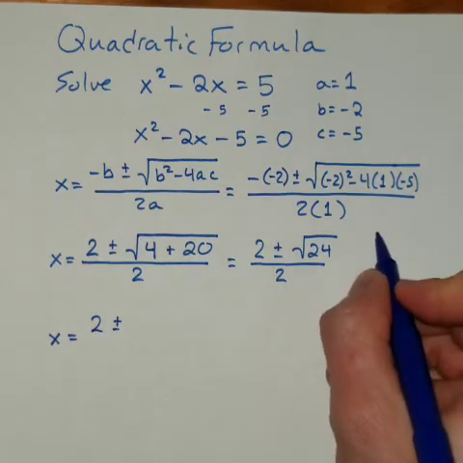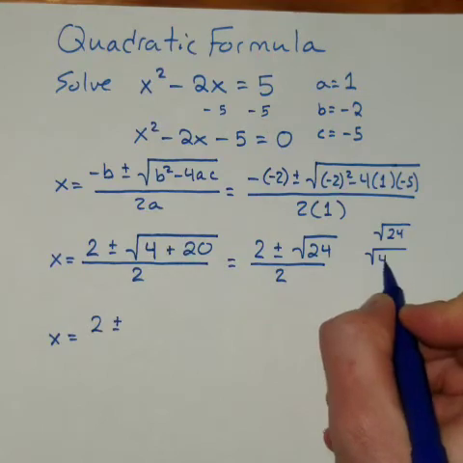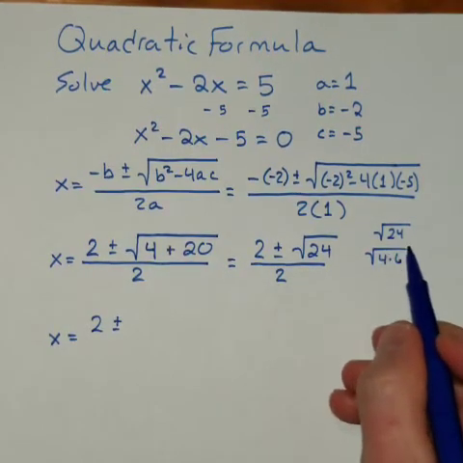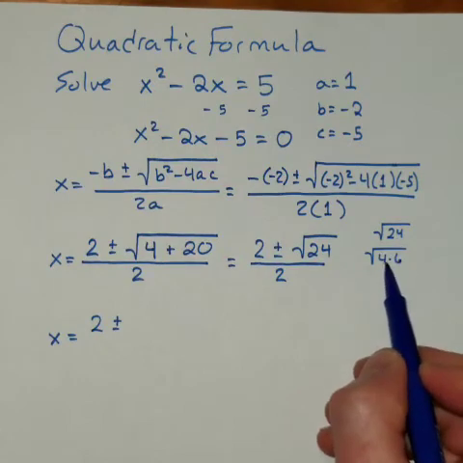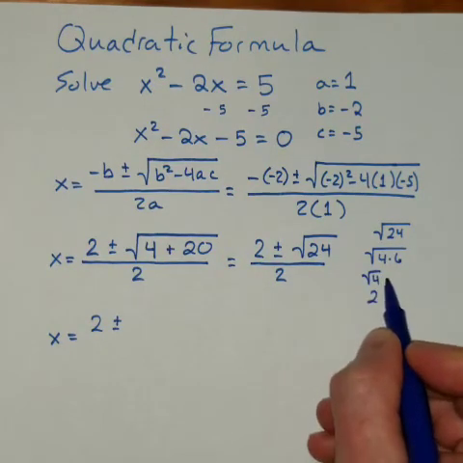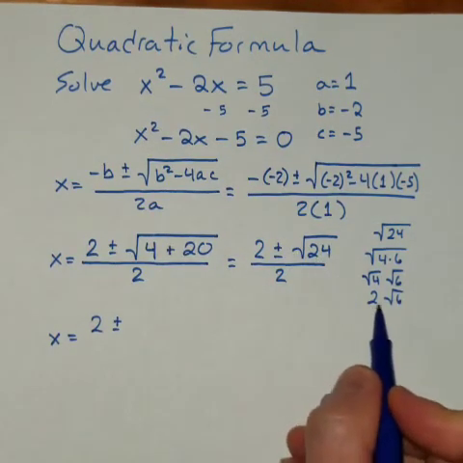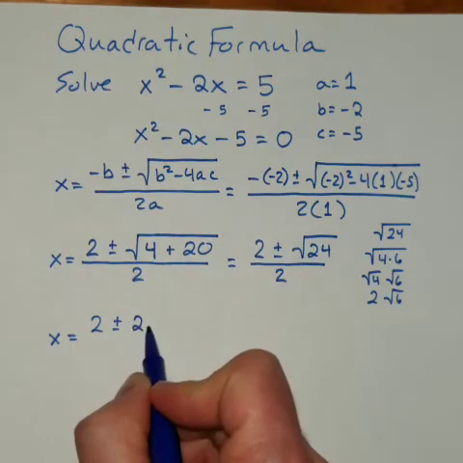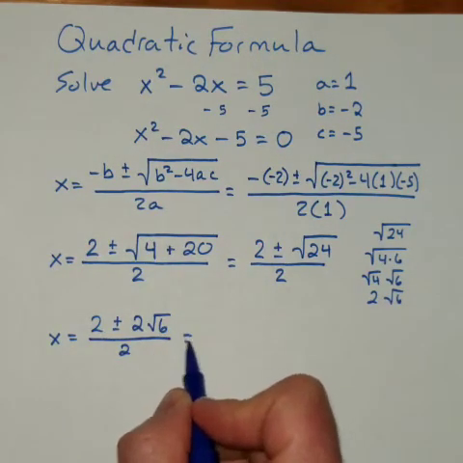Now remember, root 24 is the same as root of 4 times 6. We've seen this in some examples in the past. And the square root of 4 is 2, and the square root of 6 doesn't simplify. So this root is actually 2 root 6. And then we divide by the 2.